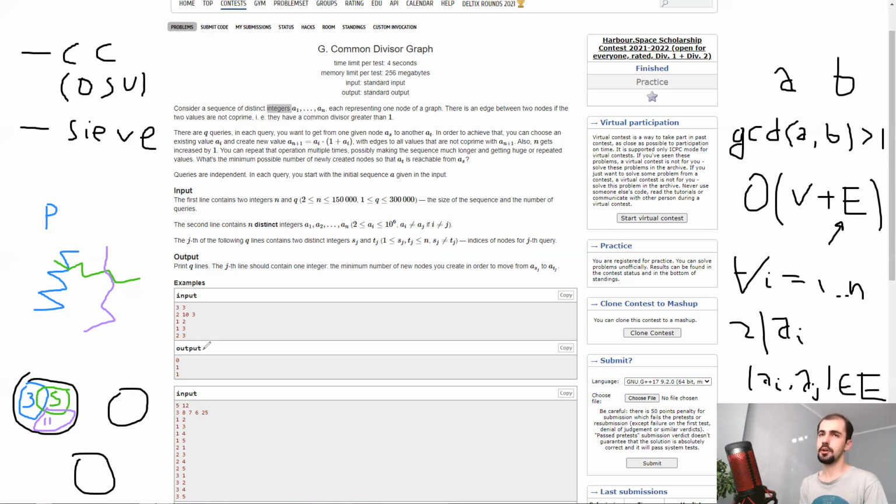So yeah, you just go to the neighboring station, and eventually you get where you want. So in terms of connected components, that's the same. And that greatly reduces the number of edges. Obviously now the number of edges is more or less n log n, because each number has log prime divisors at most.